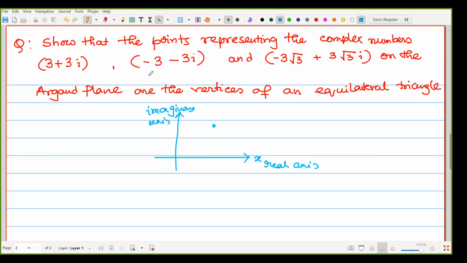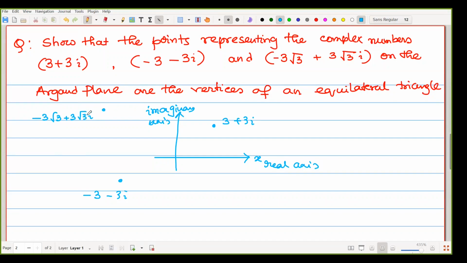The second one, minus 3 minus 3i, means both are negative, so maybe its position is here. And the third one is on the left hand side of the x axis, and on the upper side. Suppose another point is here, that is minus 3 root 3 plus 3 root 3i.